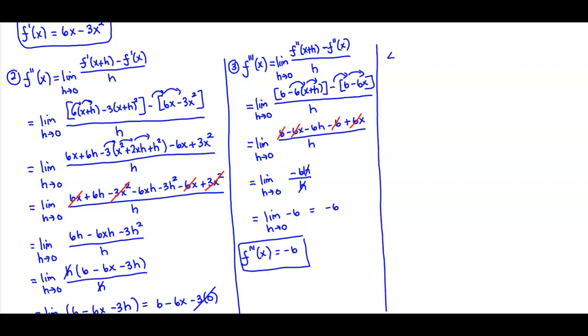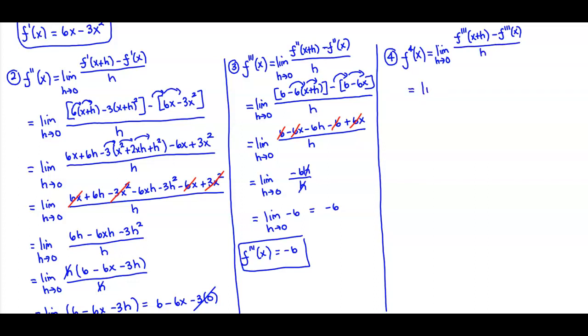Okay, so now we want to find the fourth derivative. The definition of the fourth derivative is equal to the limit as h approaches 0 of the third derivative of x plus h minus the third derivative function, all over h.